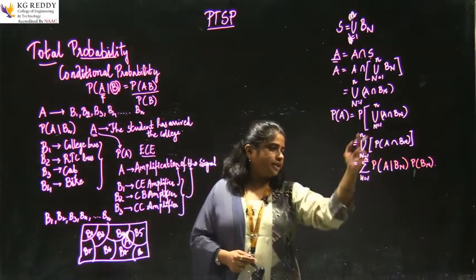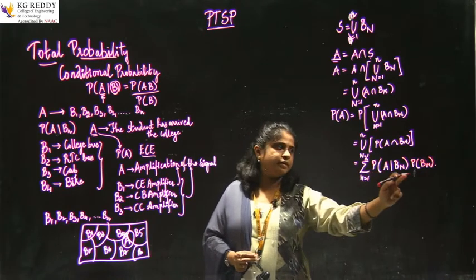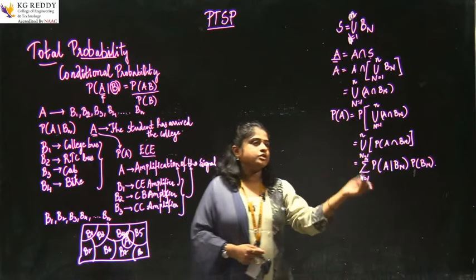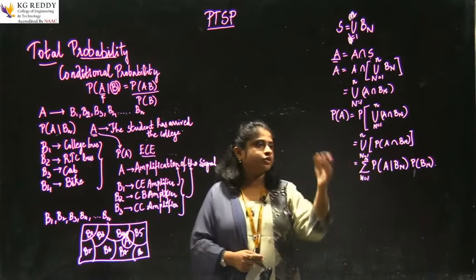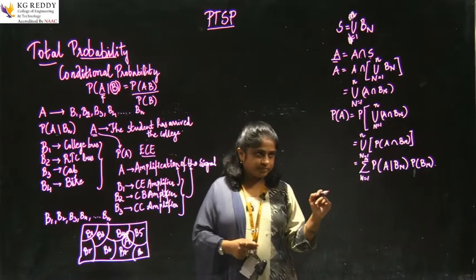Probability of A is equal to the summation of n equal to 1 to n of probability of A by Bn into probability of Bn. Like this also we can write the total probability of A, right.